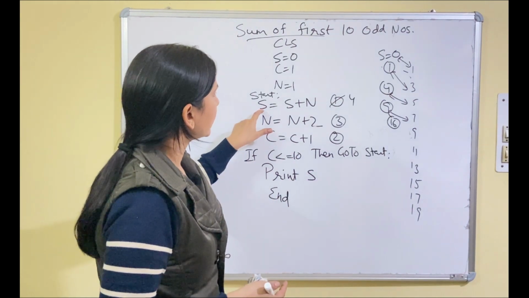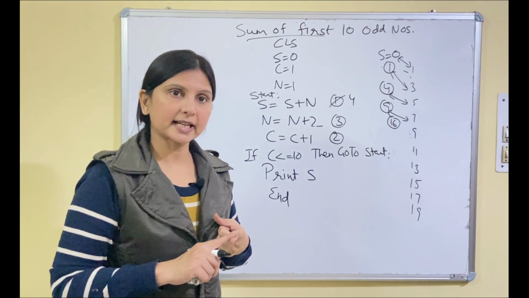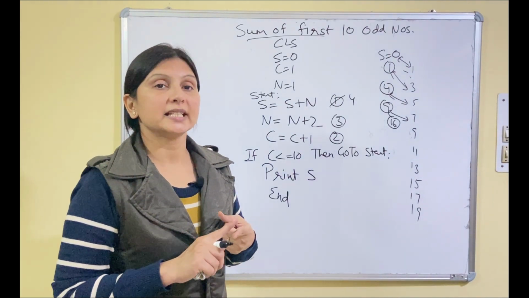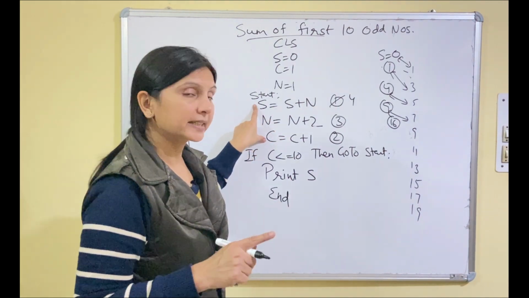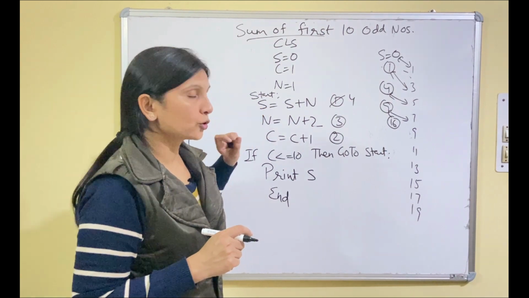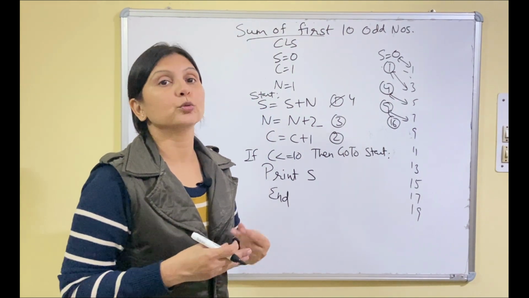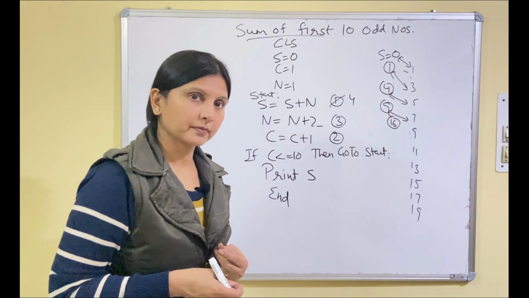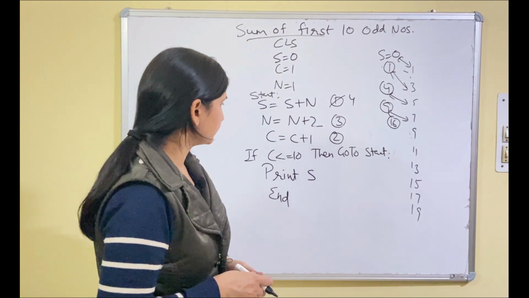S is the accumulator variable and C is the counter variable. C counts how many times process is repeated, 10 times, and accumulator variable will keep on accumulating. Fine. You can check by keeping the values and then it will be more clear.